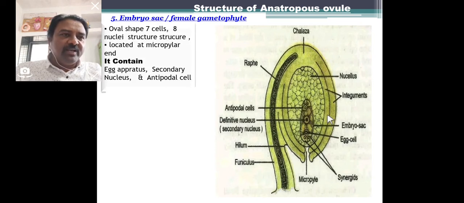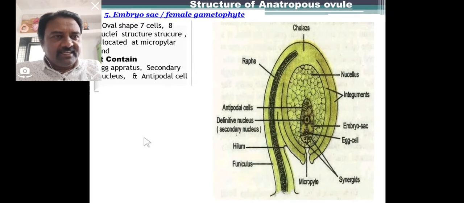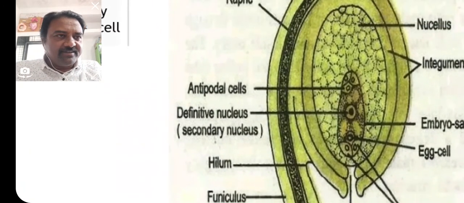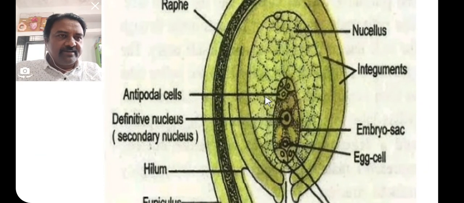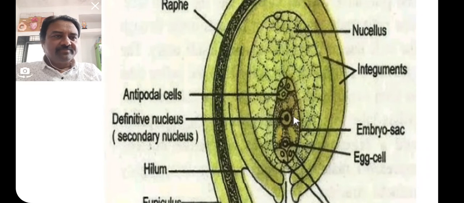It is an oval-shaped structure, consisting of 7 cells and 8 nuclei, clearly seen inside the nucellus. Now this is the nucellus part and this is the embryo sac or female gametophyte.